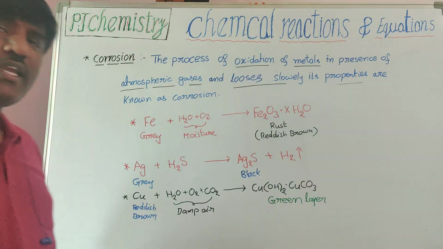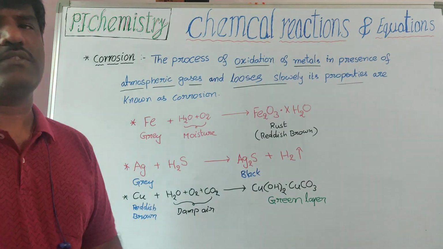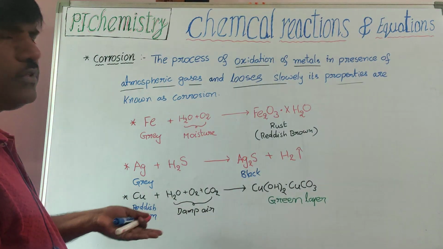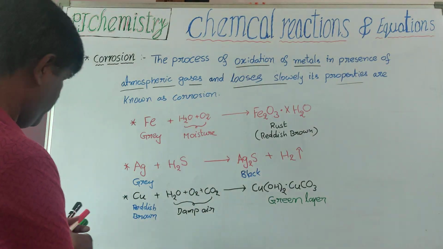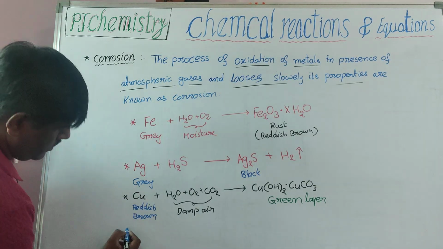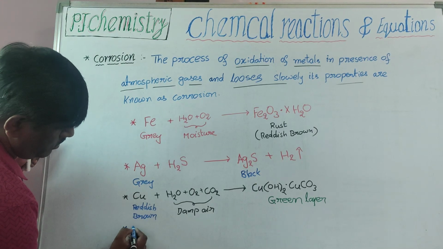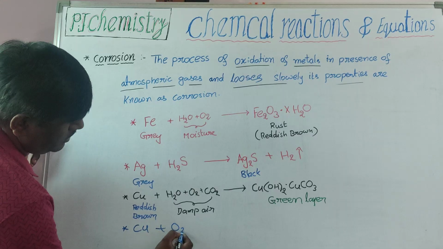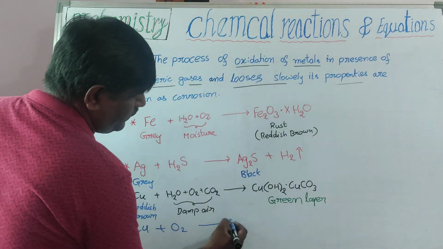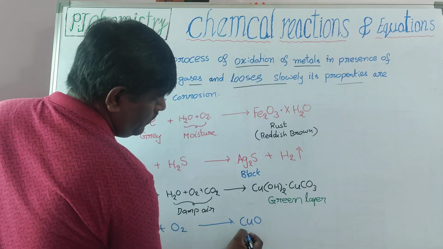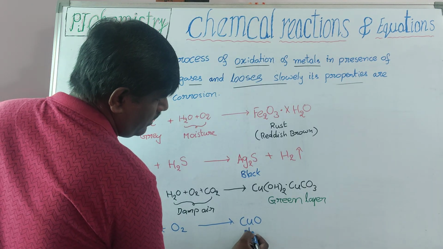Next, copper can react with only oxygen also. At that time, with only oxygen, of course, copper forms copper oxide, cupric oxide. So, copper plus oxygen forms cupric oxide, which is black in color.